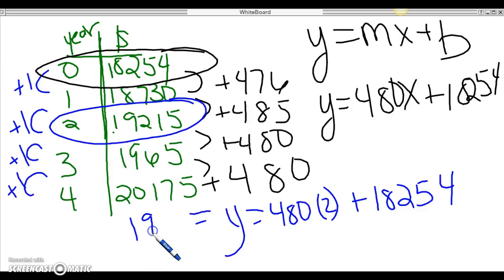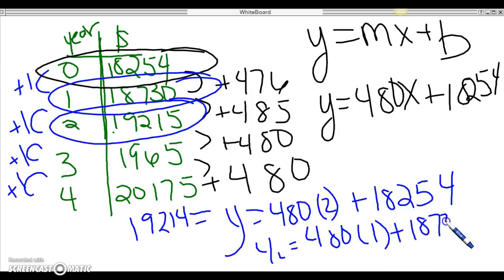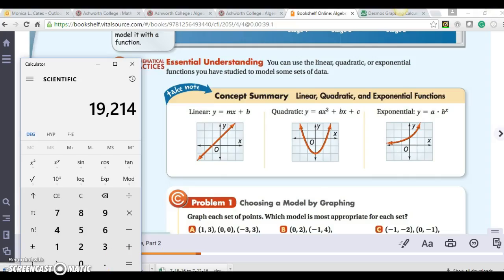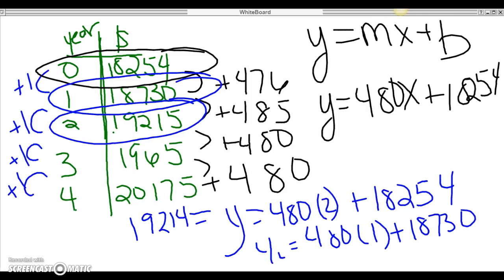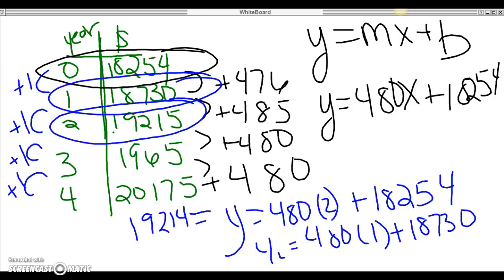Let's try this point here first. y equals 480 times 1 plus 18,730. I'm just going to go ahead and do that. And I get 19,210. Oh, I'm sorry.